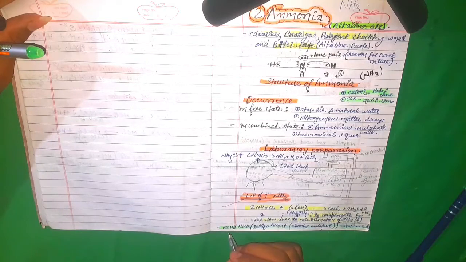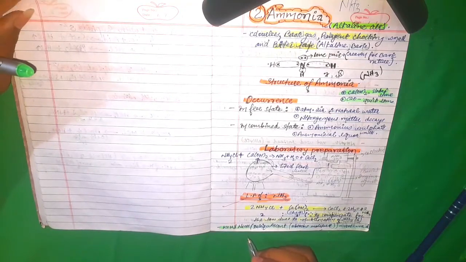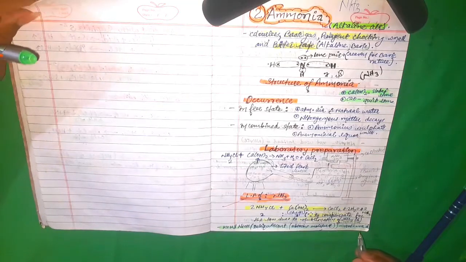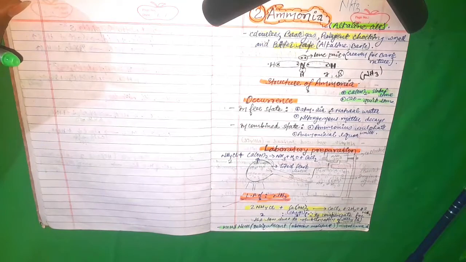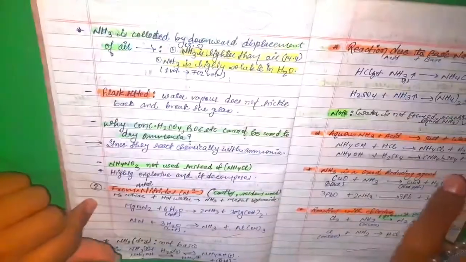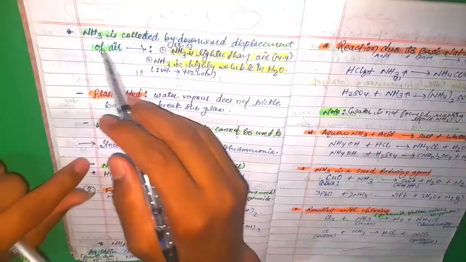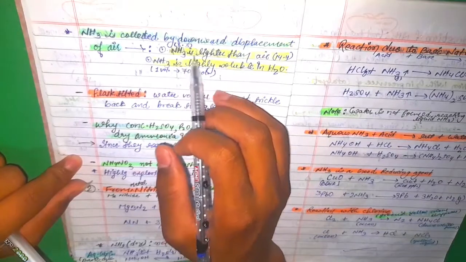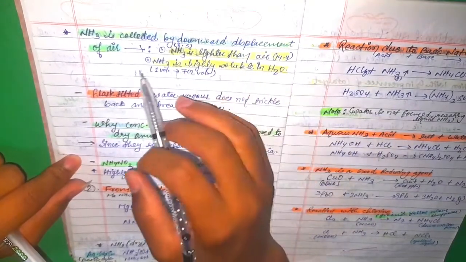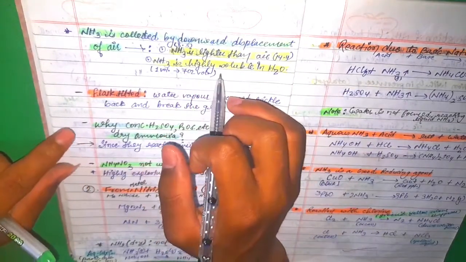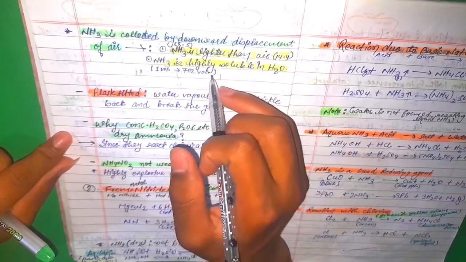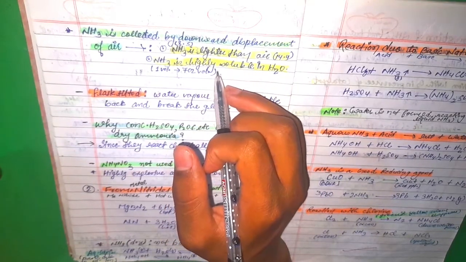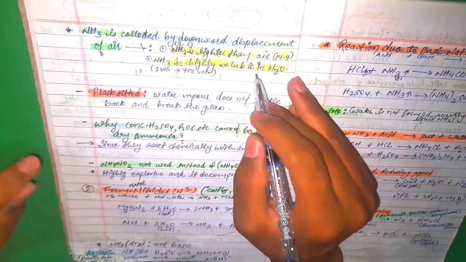Potassium hydroxide and sodium hydroxide are deliquescent, they absorb moisture, but they are not used. Now the next part: ammonia is collected by downward displacement of air because ammonia is lighter than air, and NH3 is highly soluble in water. This we know by the fountain experiment that we discussed in the last video.